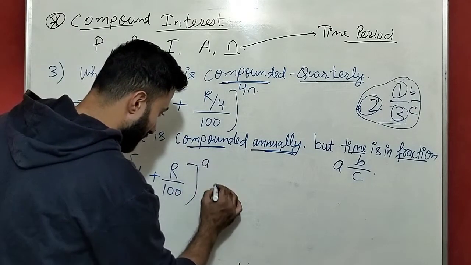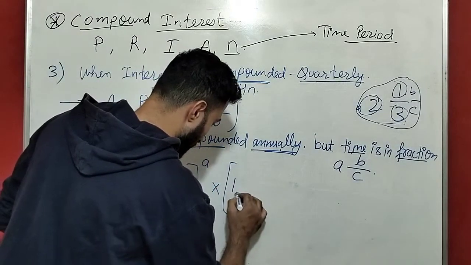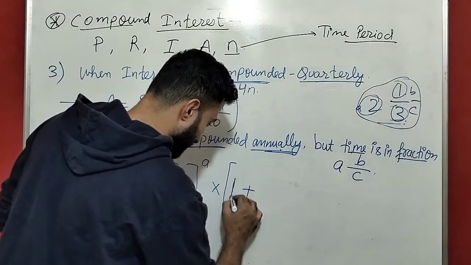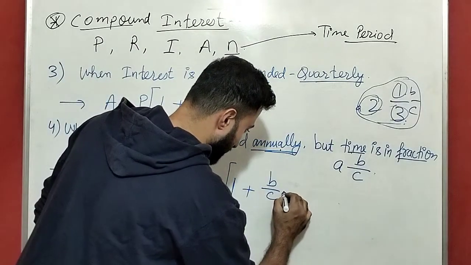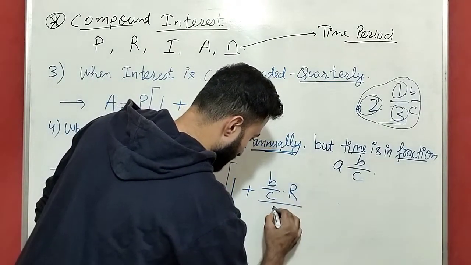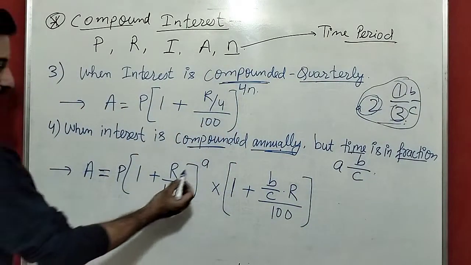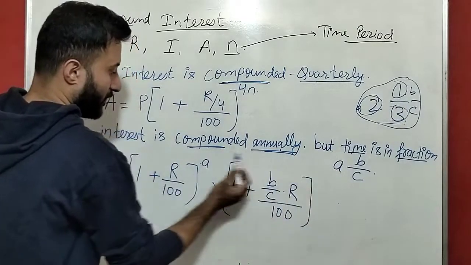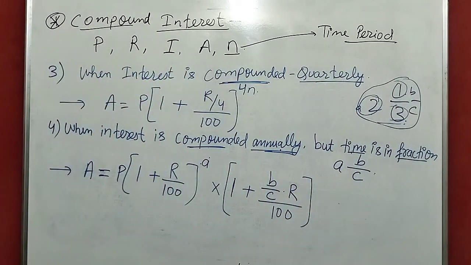Power A, into 1 plus B by C into R by 100. The A will come here as the power, and B by C will come here. This is the formula for the fourth one.